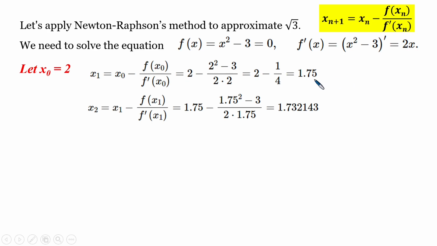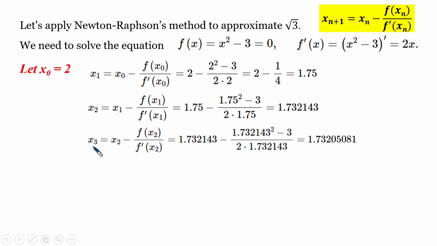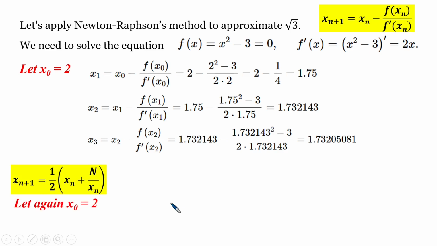I take this x1, 1.75 here, and then I substitute in f of x1 and twice x1 from the formula, and I continue to x3 similarly. I see it is approaching some constant value. Similarly, if I use the other formula, that is the Newton-Raphson method, I also get a very similar thing. Again I take x0.